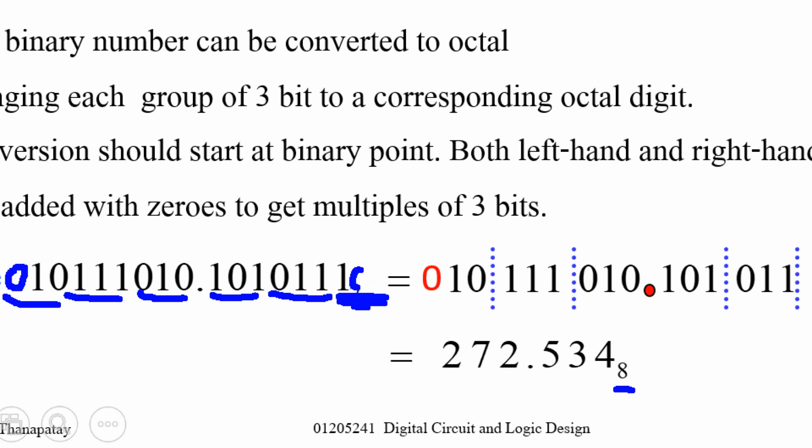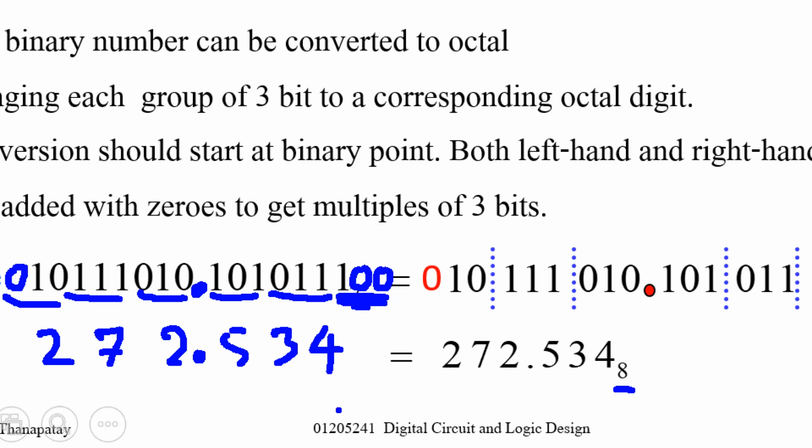If not, you can add 2 more bits to make it 3 bits. After that, you just convert directly for each 3-bit group. Let's start from this radix point. This one is 2, this is 7, this one is 2, this one is 5, and 011 is 3, 100 is 4. That's all, very easy.